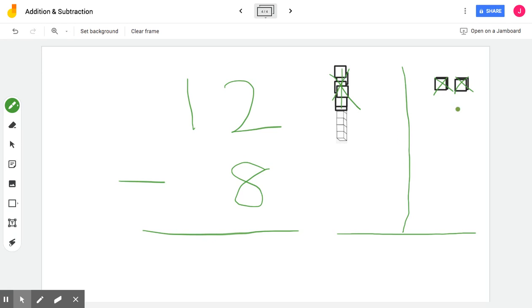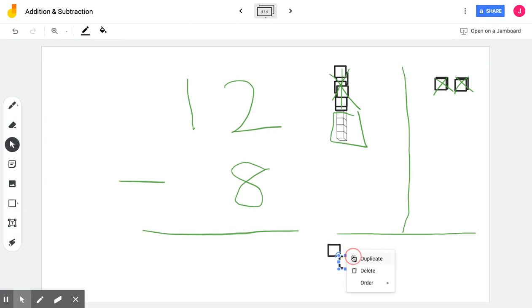We took away 2 of the 8, and then we took away 6 over here. So that means we have these 4 blocks left over. So we have 4 blocks now. So 12 minus 8 would leave us with 4.